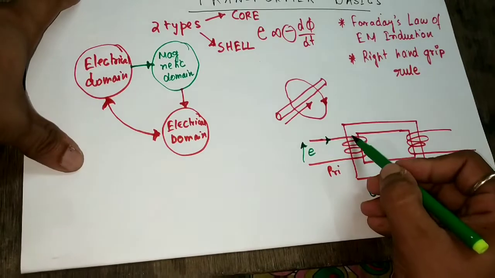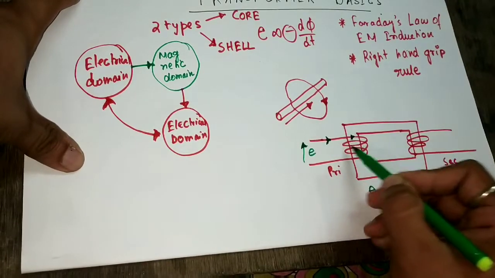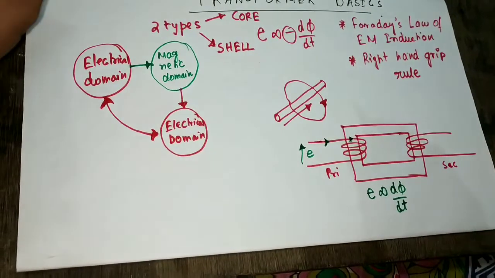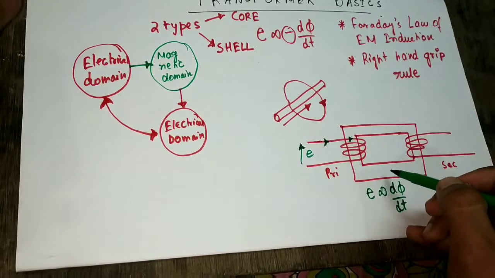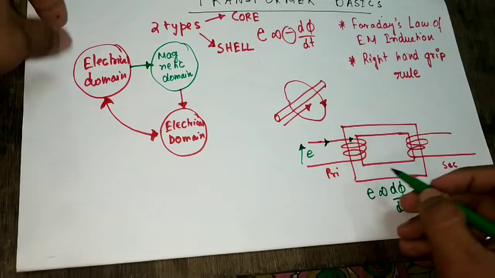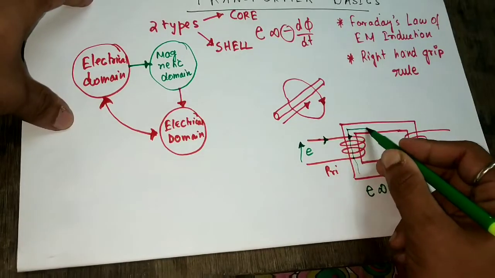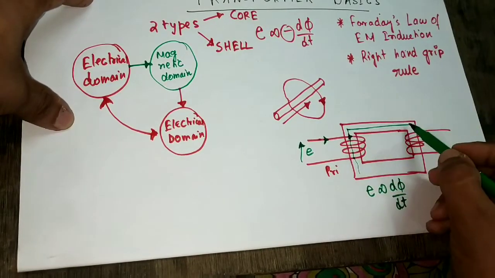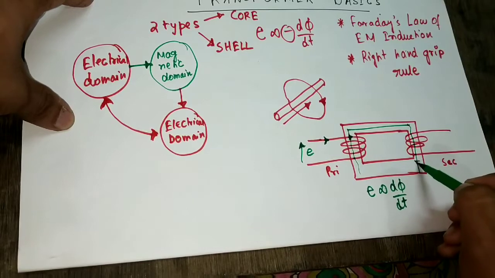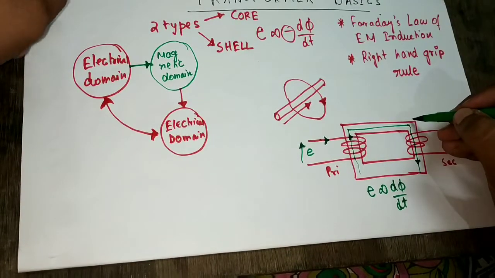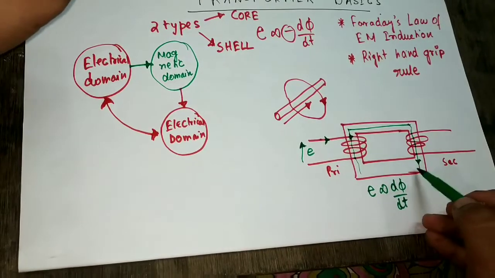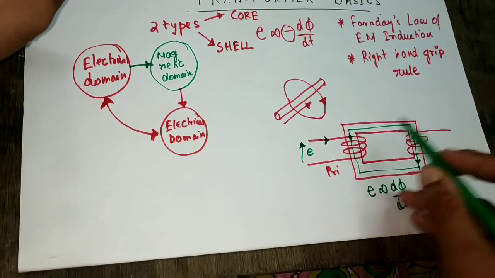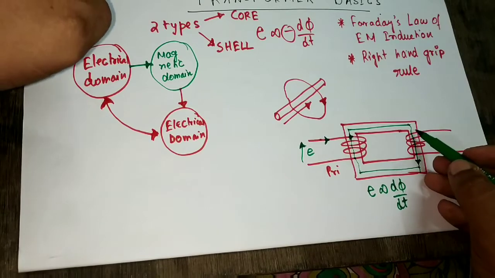And as the current is flowing in this direction, there will be a flow of magnetic flux which is in this direction. This is the core of the transformer. Now the magnetic flux will flow through the core.